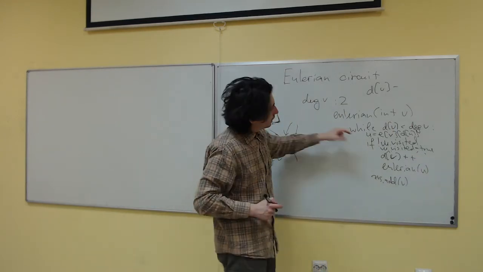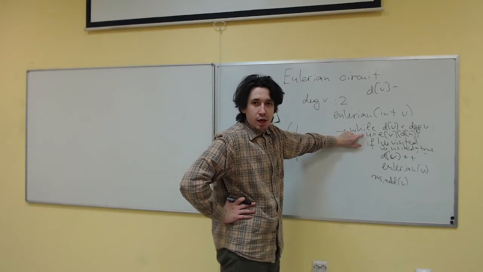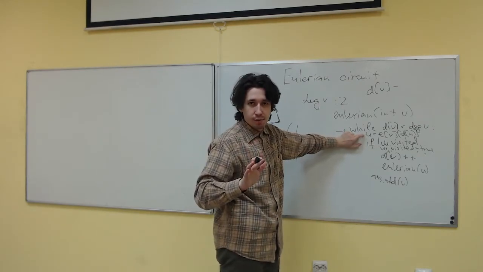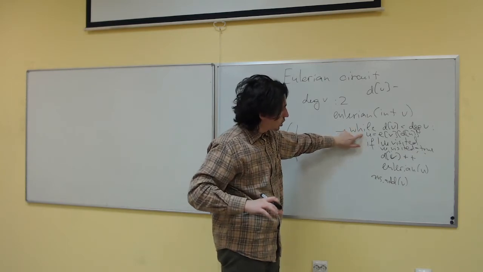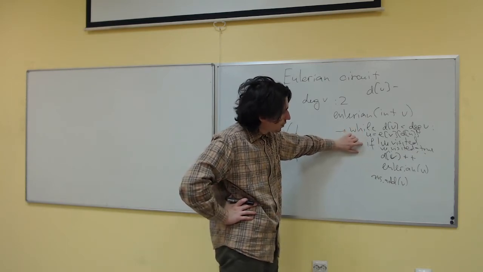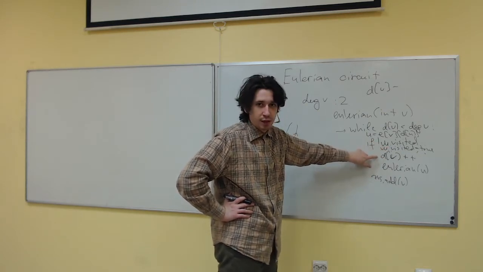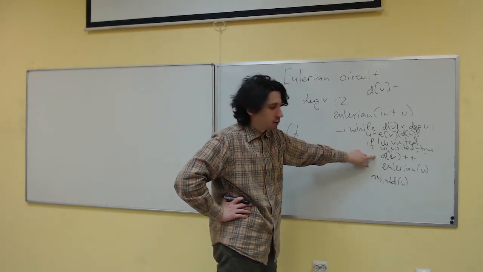So right now we take the last edge which we already know that we have not visited. So we take this edge and then we go, if this edge is not visited, then we say that it is visited and increment the number of the degree.